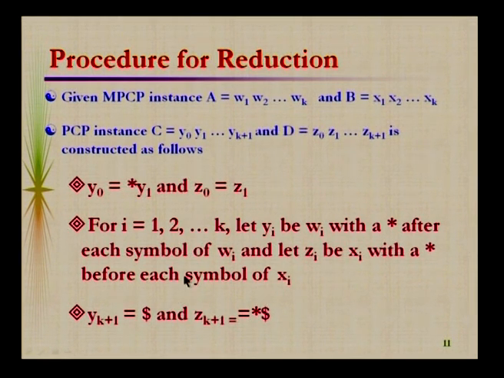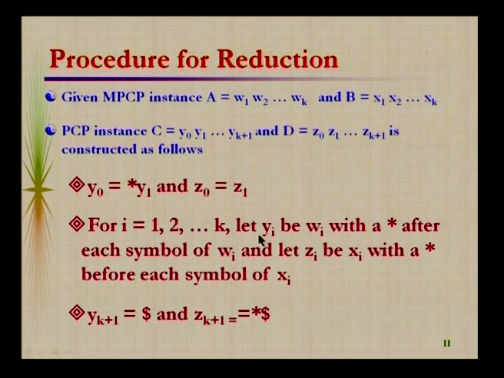Then in between, we have the strings y1, y2, y3 etc. up to yk and z1, z2, z3 etc. up to zk. Those strings are obtained from w1, w2 up to wk and x1, x2 etc. up to xk.